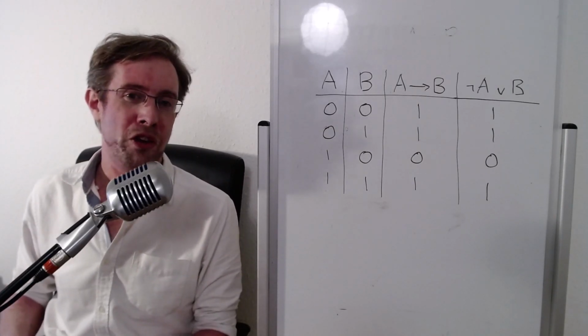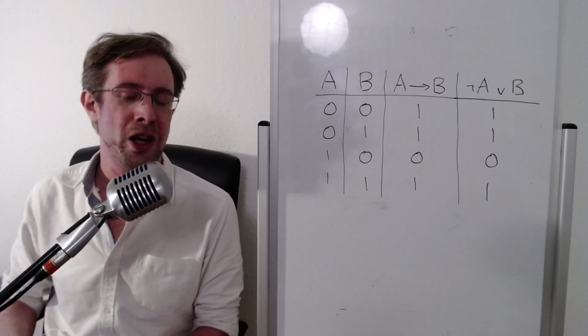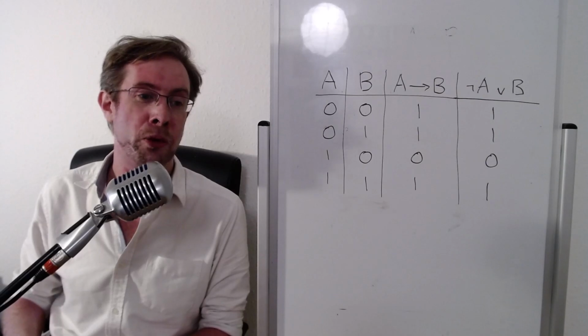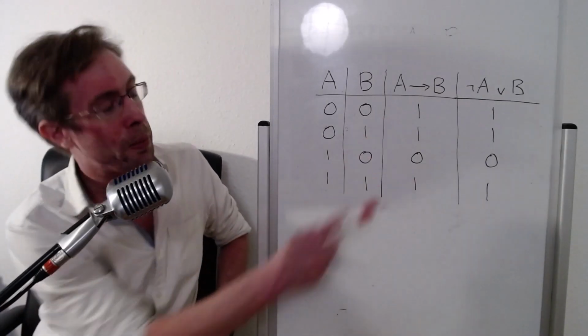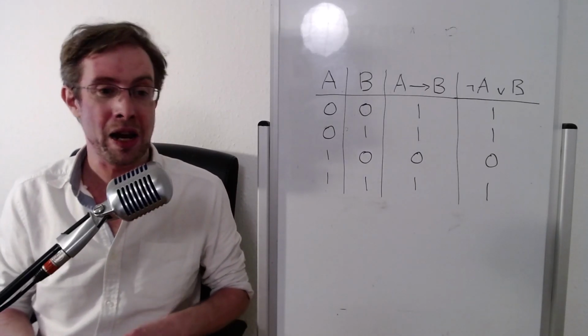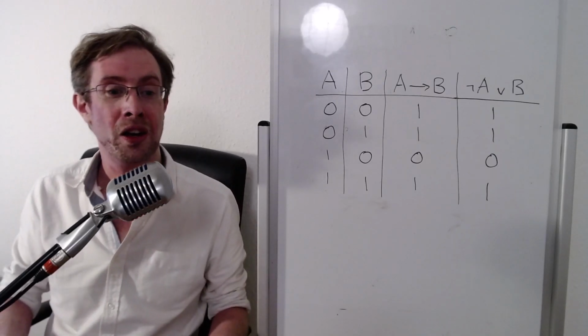So I hope this has helped to clear things up a little bit and has not simply made things worse. I think there's also a little note on the Moodle page where I try to explain from a technical point of view why you also want A implies B to be defined in this way, because it makes all the laws that you want work.